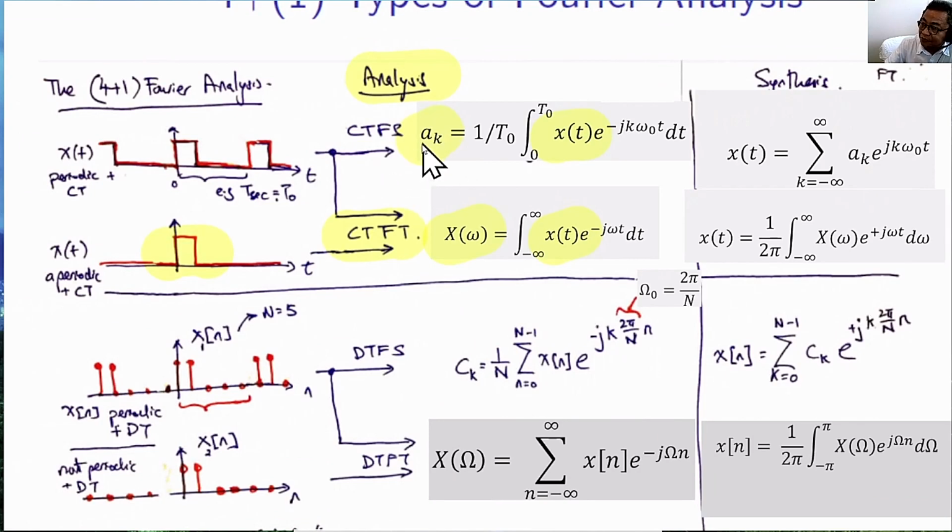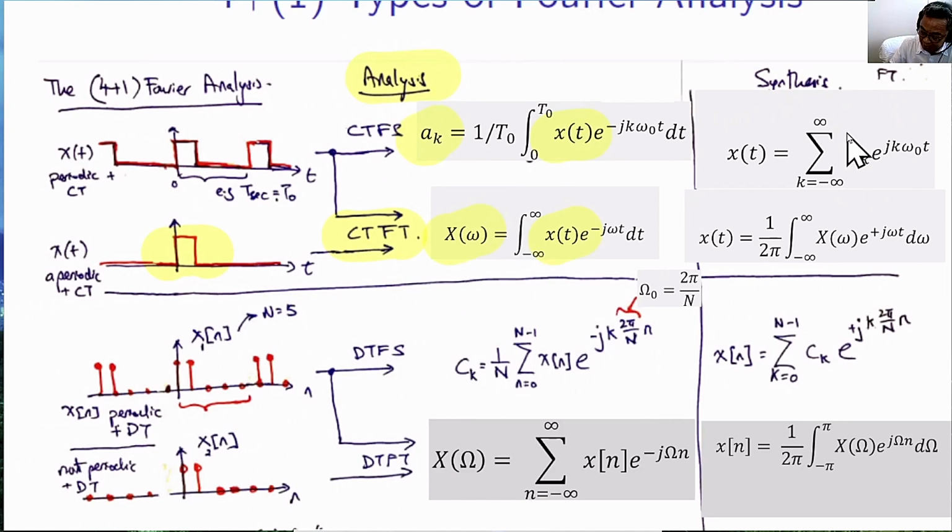And in the continuous time Fourier series, it is a_k, where k represents the kth harmonic. Later on you realize that this is k omega naught, where omega naught is the fundamental frequency. Analysis breaks the signal in time into the frequency representation.